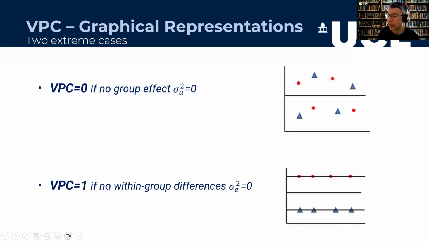Whereas, in the other extreme event of VPC equal to 1, so when the variance partition coefficient is equal to 1, what it means is that effectively there is no within country individual variation.